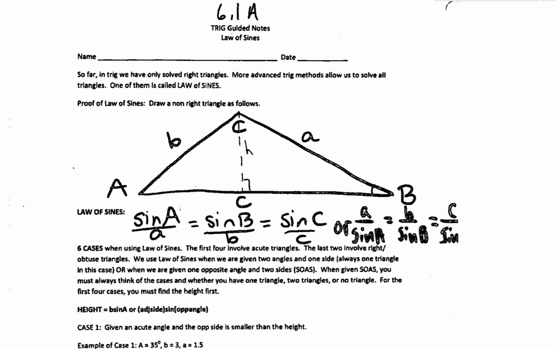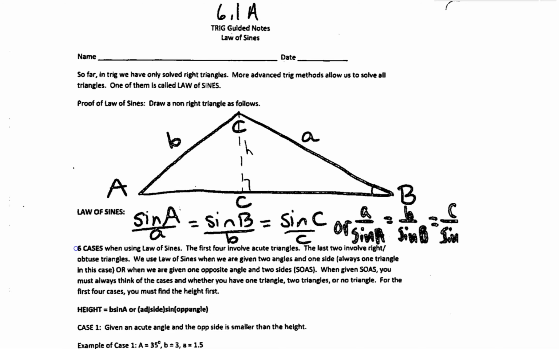Obviously, if you have A and B at the bottom and C at the top, then the height is equal to the length of B times the sine of this angle right here. It would depend, though. We could also say it is the length of A times the sine of this angle right here. So 2 different ways to approach that.